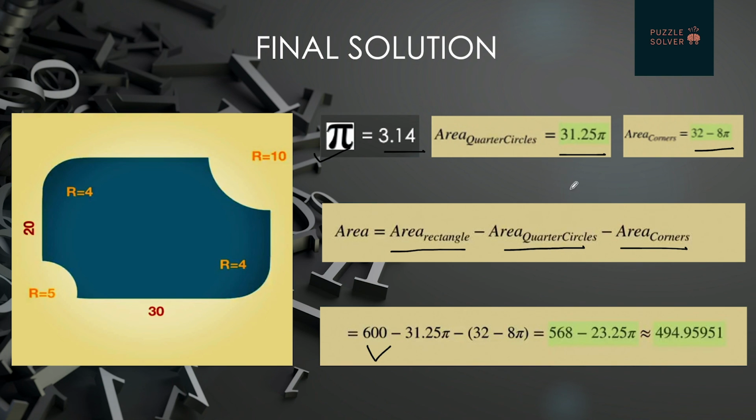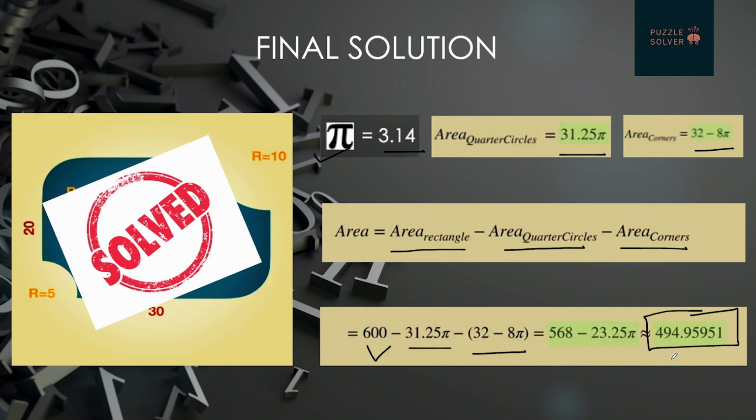And the area of quarter circles we know is 31.25 pi, and the area of corners is equal to 32 minus 8 pi. By calculating and solving this equation, we'll get the final value of the blue region as 494.95951, and this puzzle is also solved.